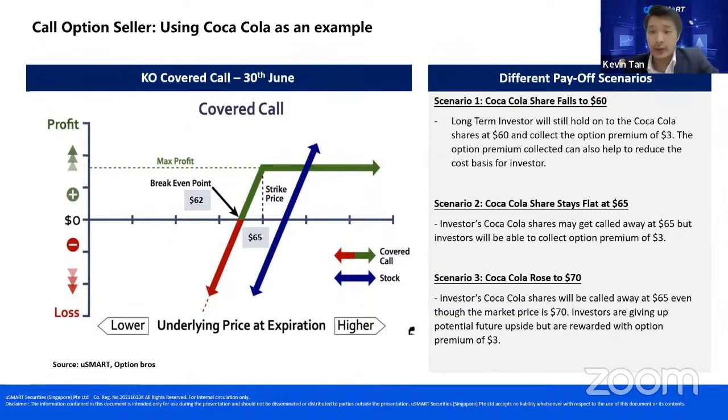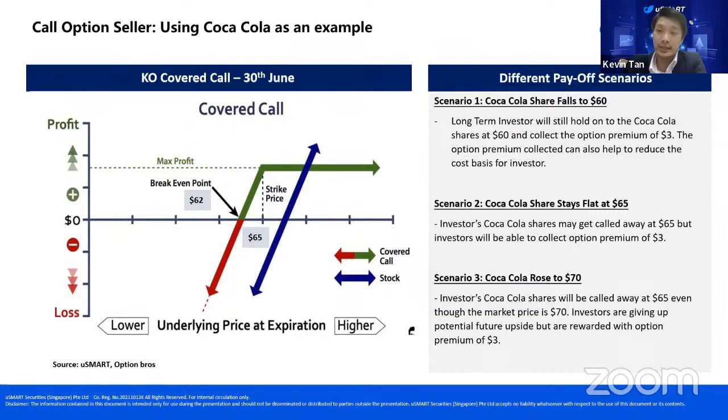Assuming that you are a long-term investor, you would typically still hold on to Coca-Cola shares, right? And assume that the option premium here is $3. So you own Coca-Cola shares, but at the same time, you get to collect an option premium of $3 per share, okay? Which represents almost a 5 percentage point yield for that 1 month.